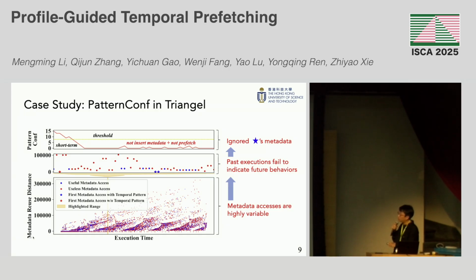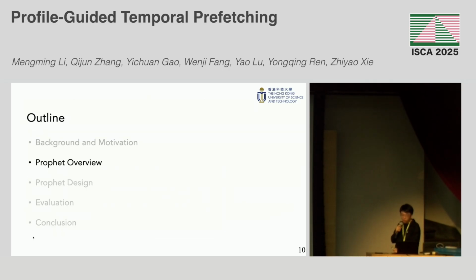Consequently, the pattern conf, or the insertion policy in Triangel, inaccurately manages all blue points in our figure. Next, I will introduce our solution Prophet, which leverages a profile-guided solution for metadata management.